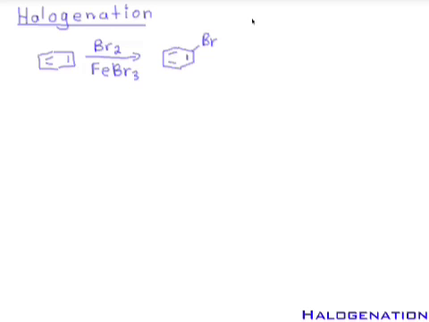Well, as I said, you can use iron. If you use 2 irons, and those 2 irons react with 3 bromines, you will produce 2 FeBr3.